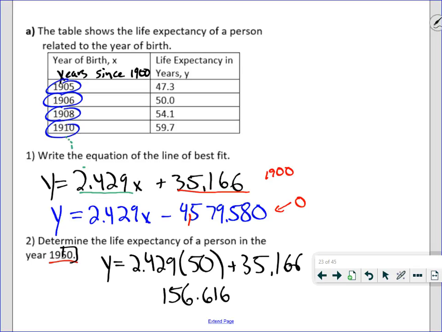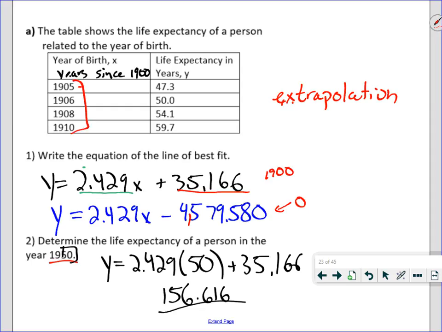Now, you're going to say, wait a second, someone's not going to live to be 156. And that is correct. And this is also a very nice illustration of the problem with extrapolation. If our data set is from 1905 to 1910, and we're making a guess about 1950, we're making a guess way outside our data set.